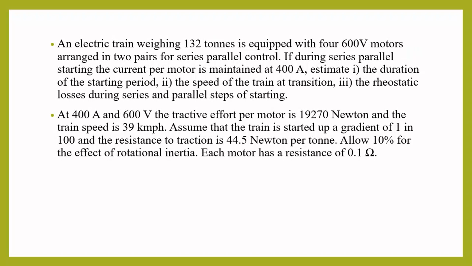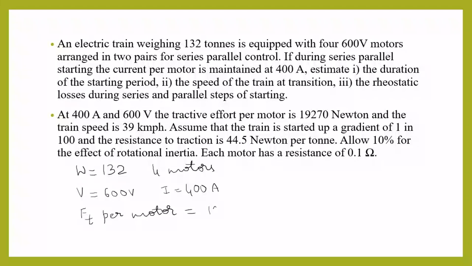So we have W equal to 132 tons and we have 4 motors. The supply voltage is 600 volt and the current is 400 amperes per motor. The tractive effort per motor is 19,270. The train speed Vm is 39 km per hour.